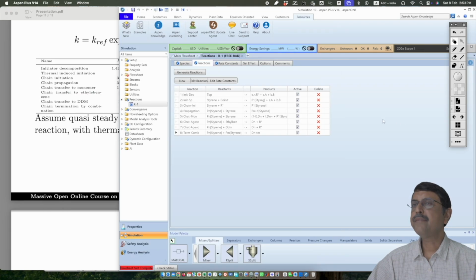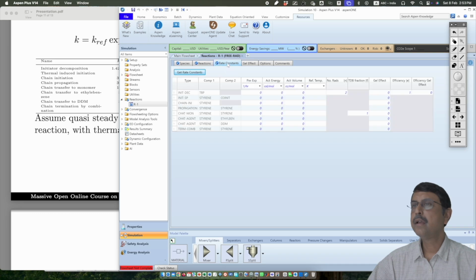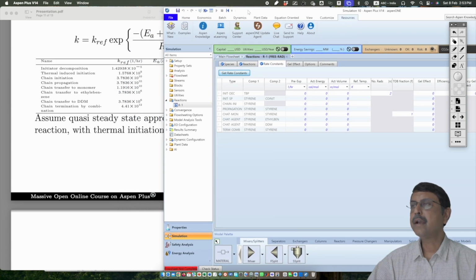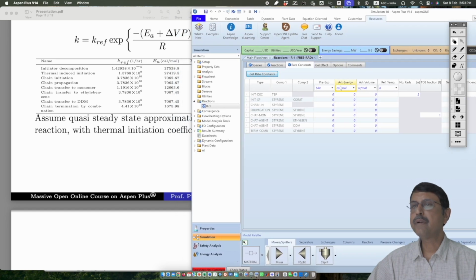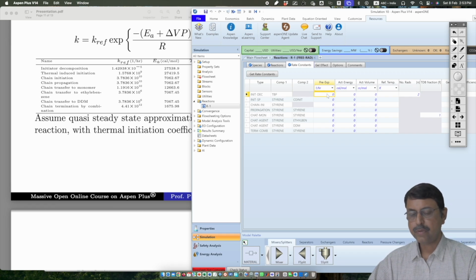Now we have to enter the rate constants. In the rate constants, we have to provide this data. First one, we have to give 1.42938 into 10 to the power minus 5.